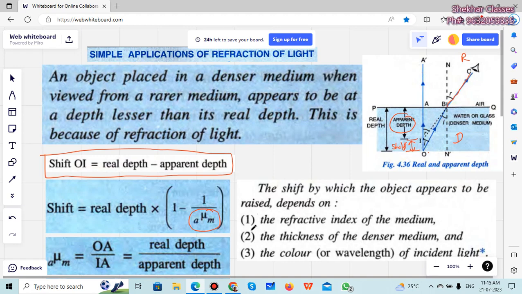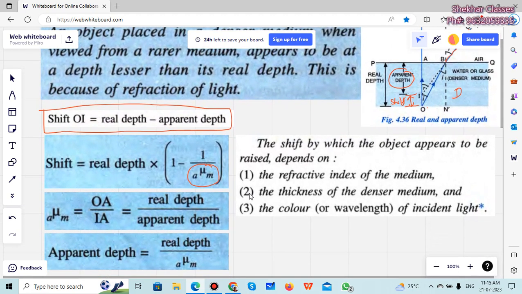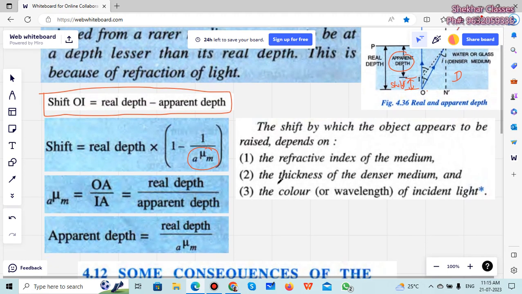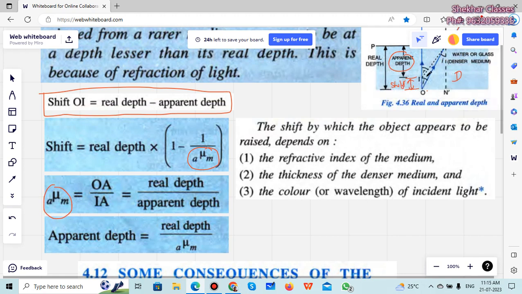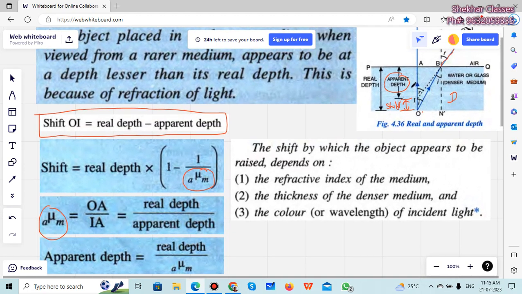All of you can make notes of all these formulas, because we'll be using them in the upcoming questions. The second formula is for the refractive index. What is the refractive index equal to? That is OA, the actual depth, real depth, upon apparent depth, AI.